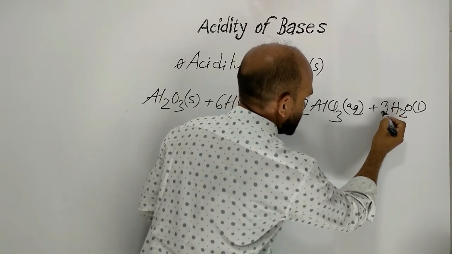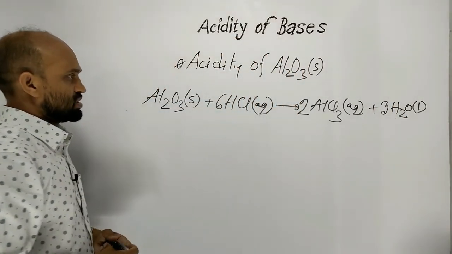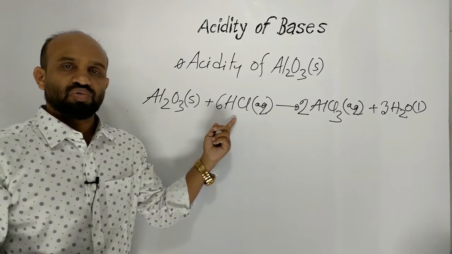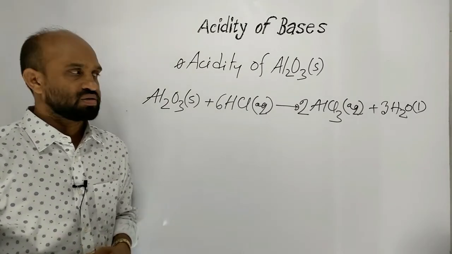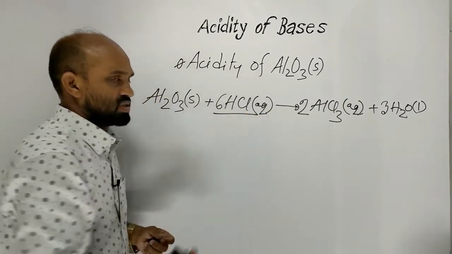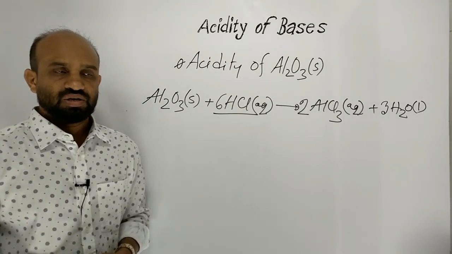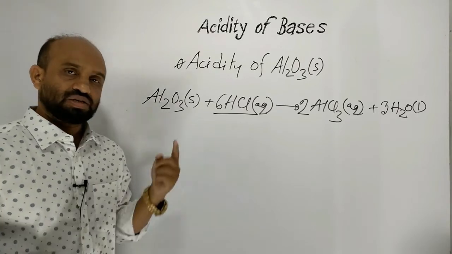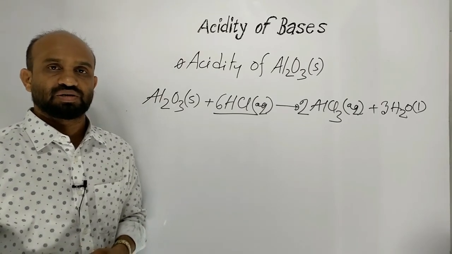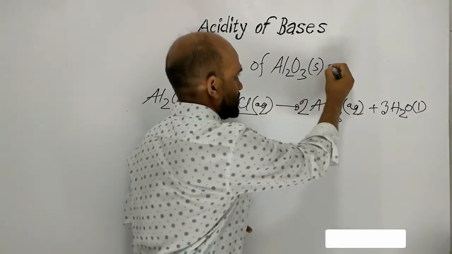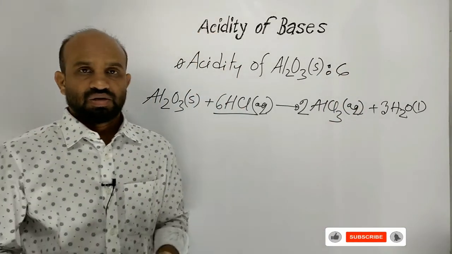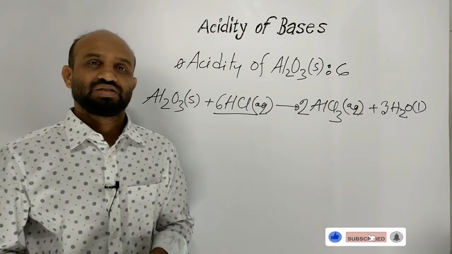So there will be 3 here. Now we see that 1 mole of aluminum oxide neutralizes 6 moles of hydrochloric acid. That is why acidity of aluminum oxide is 6. So here 6. This is all about acidity of bases.